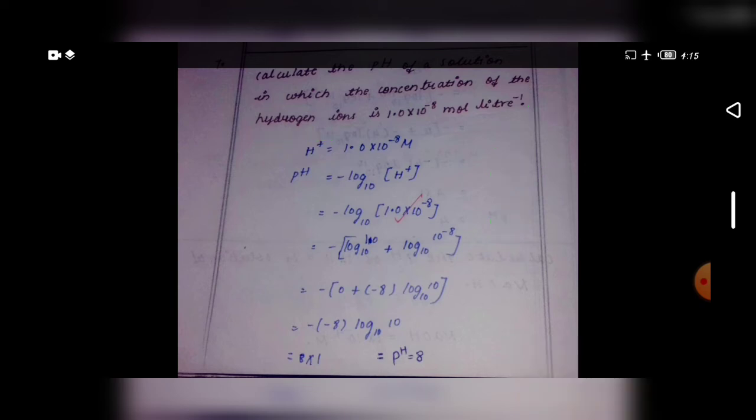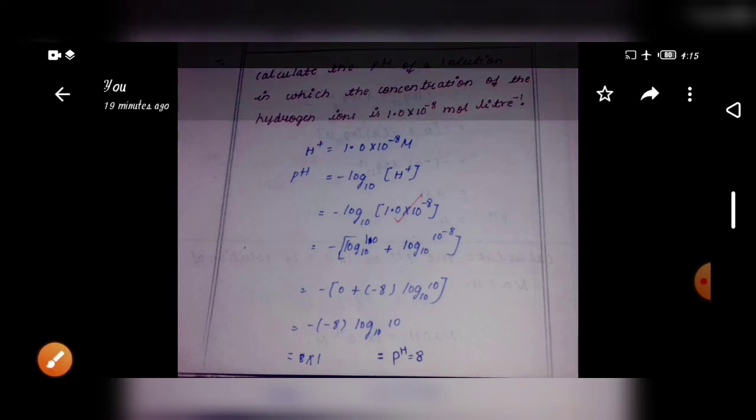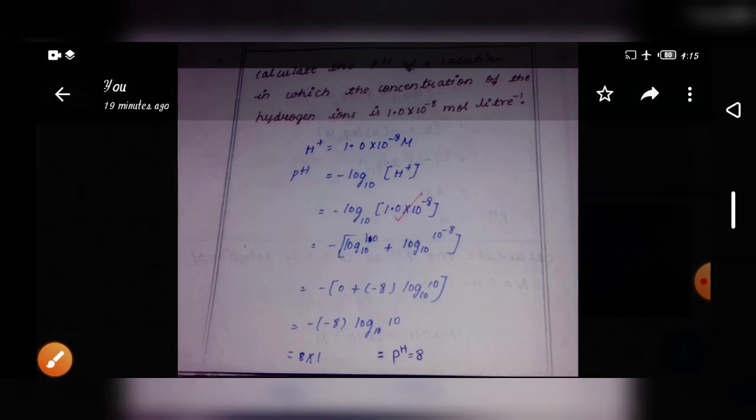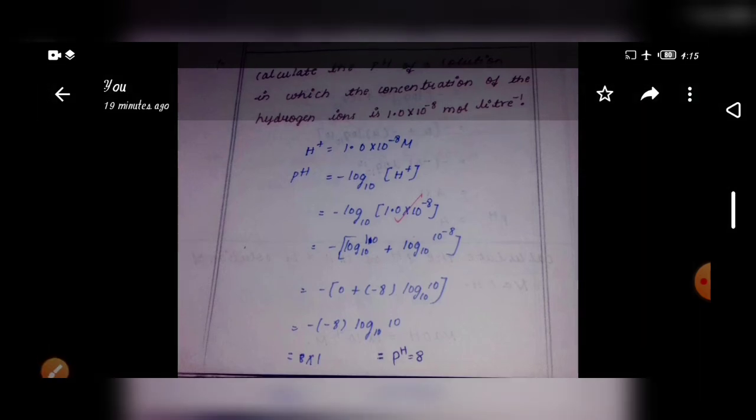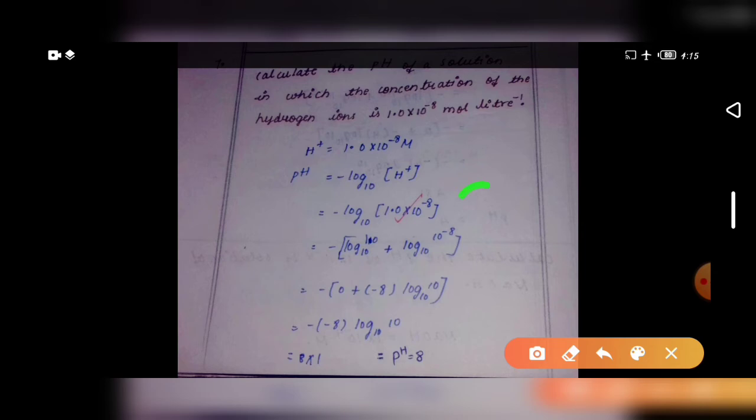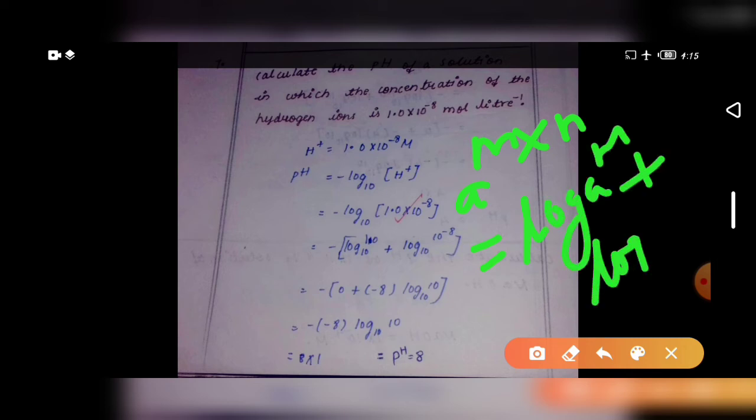Here, I wrote it in the a power n format. Log of a power m into n equals log of a power m plus log of a power n format. That only I used here in this formula. I split this one.